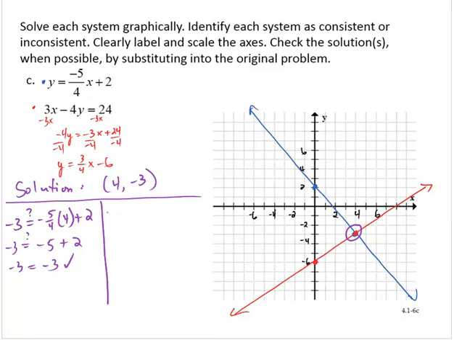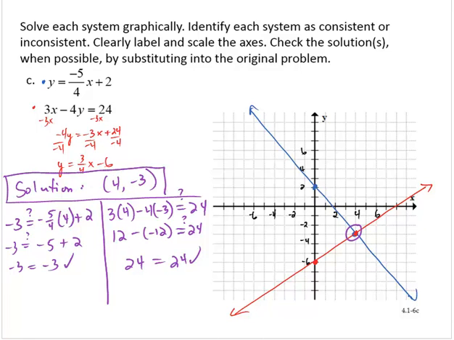Into the second equation, 3 times 4 minus 4 times negative 3, is this equal to 24? So that would be 12 minus negative 12, which is 12 plus 12, which is 24. And so 24 does equal 24. And so the solution is 4, negative 3.